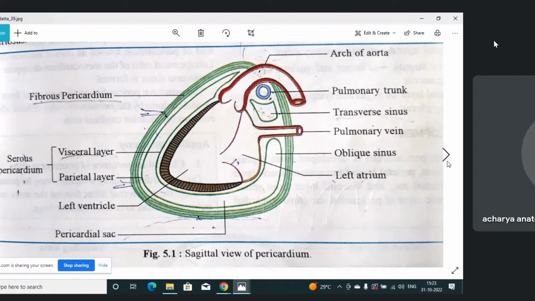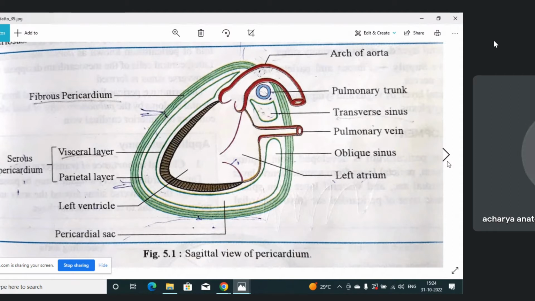The parietal layer closely attaches to the inner surface of the fibrous pericardium.